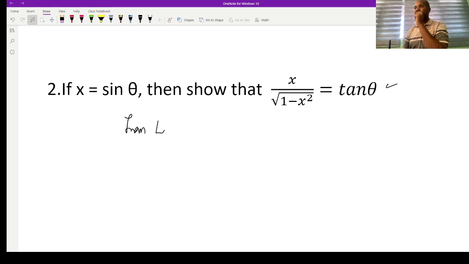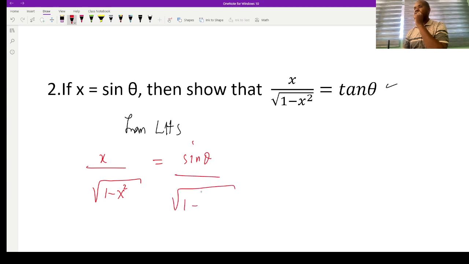So from the left hand side, you have x over square root of 1 minus x squared. This is going to be equal to sine theta over square root of 1 minus sine squared theta. And 1 minus sine squared theta is actually cos squared theta.